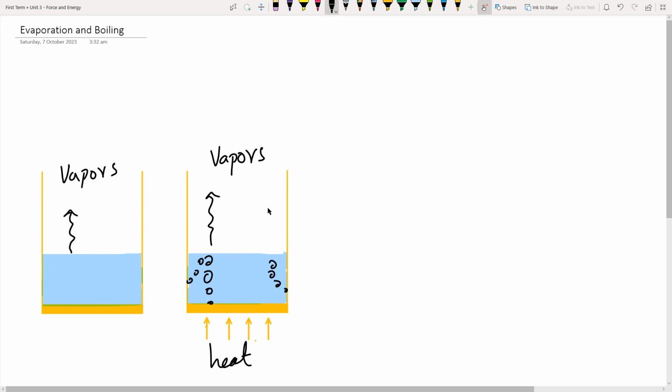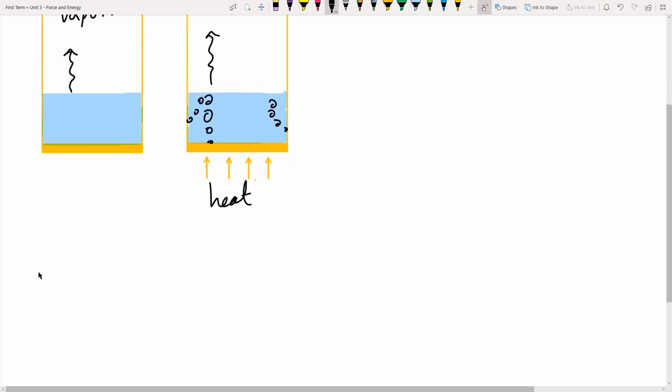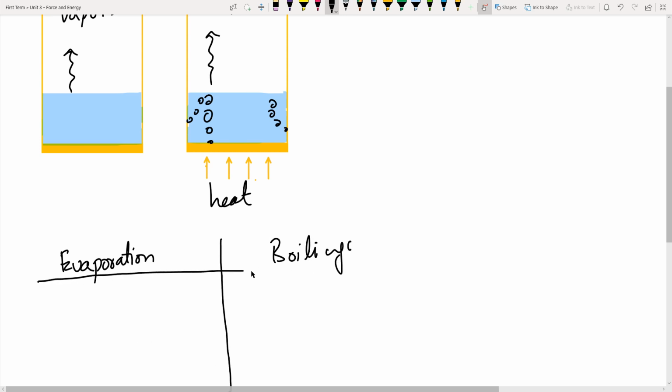So I did discuss this in class. I made the chart, so I'm just going to make a chart over here. Evaporation versus boiling. I'm going to write this chart down. I'm not going to express much in the diagram, right?